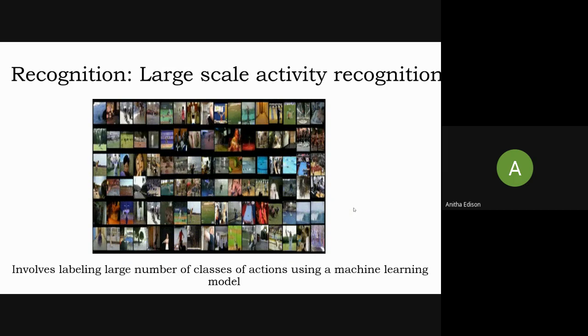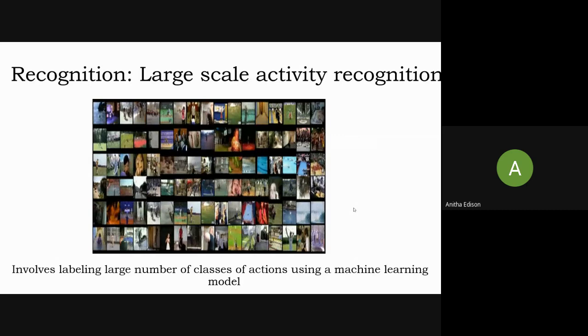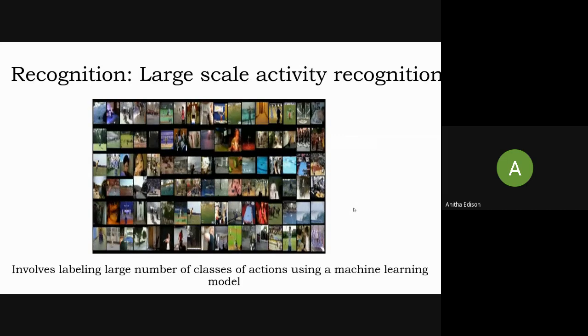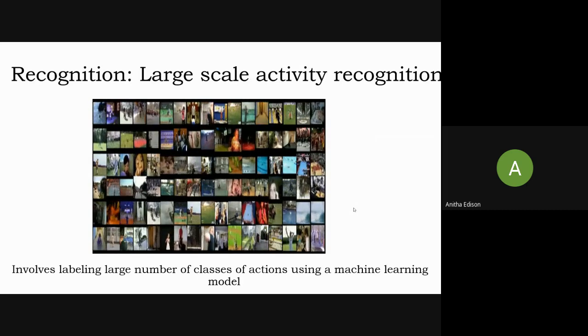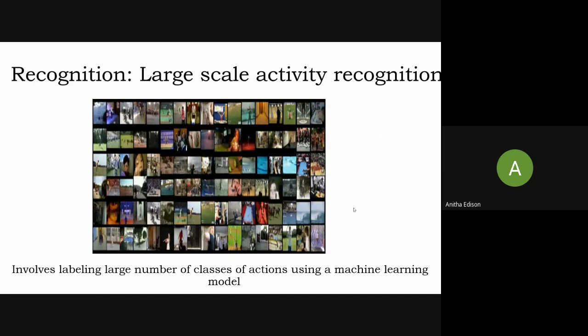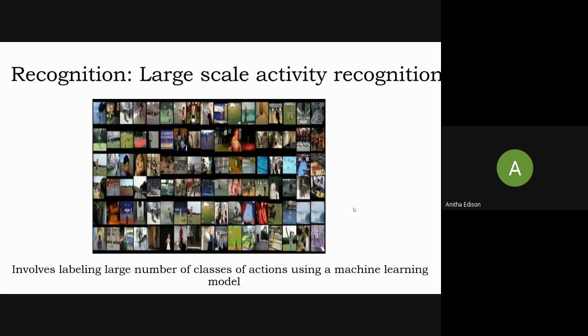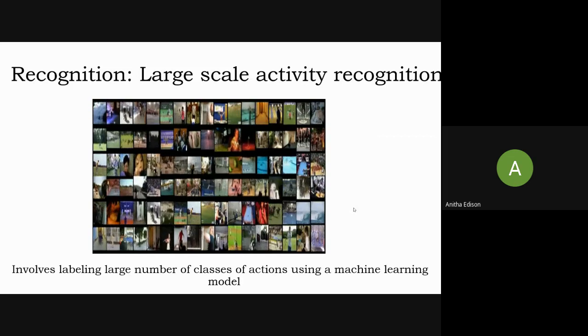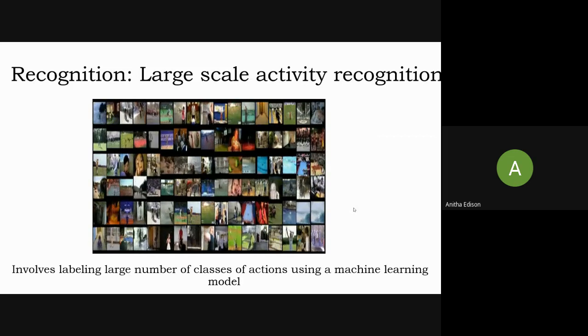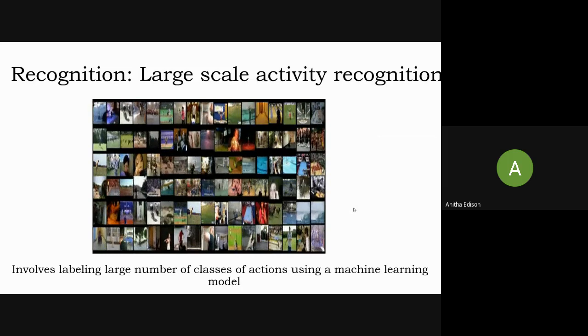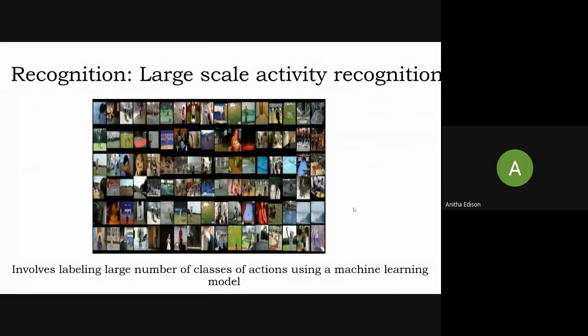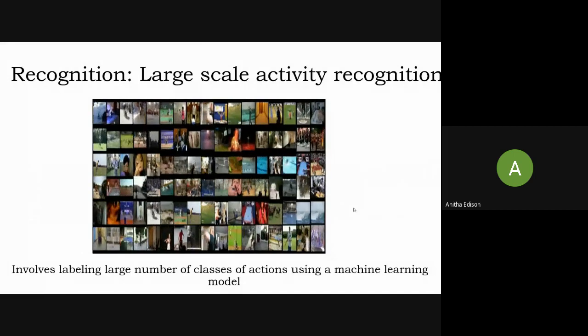First, like image classification, in the case of videos there is large scale activity recognition. There are a large number of activity data sets. For example, activities like dancing, cooking, etc. will be there in a trimmed video, and the task of the machine is to identify what is happening in that video. So it involves labeling a large number of classes of actions using machine learning models.